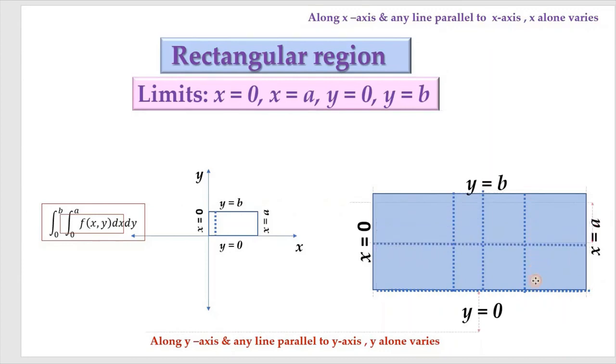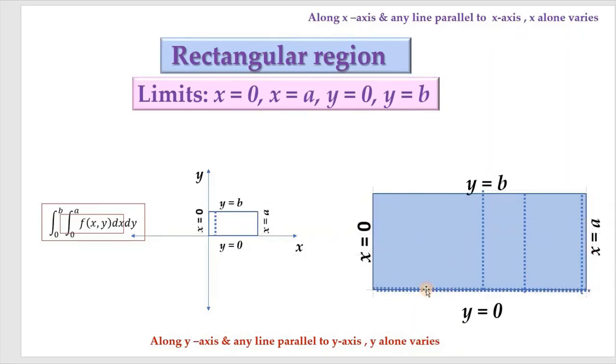If you are covering the region like this, then from left to right you cover it when drawing lines parallel to the y-axis. When you are drawing lines parallel to the x-axis, from bottom to top you have to cover.